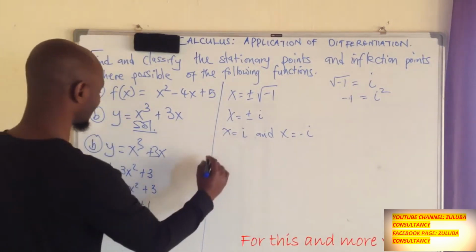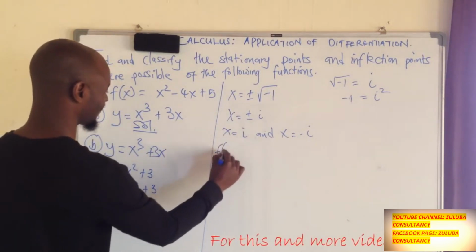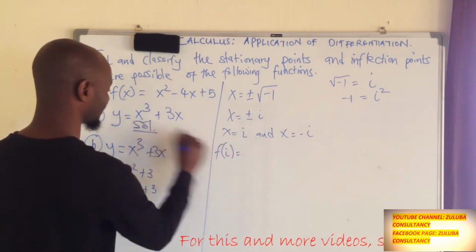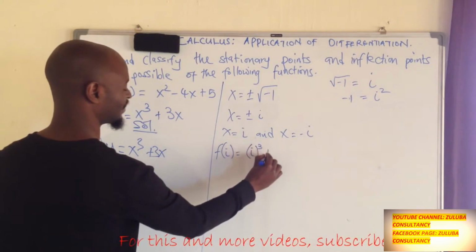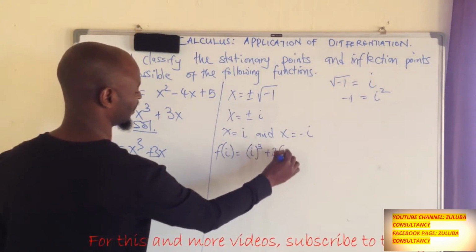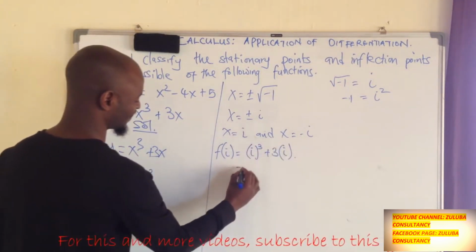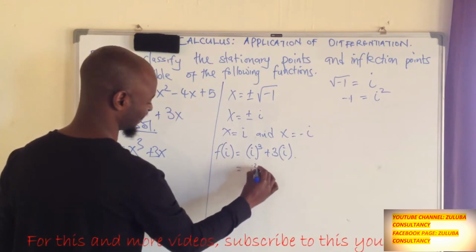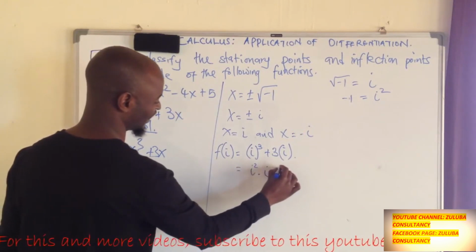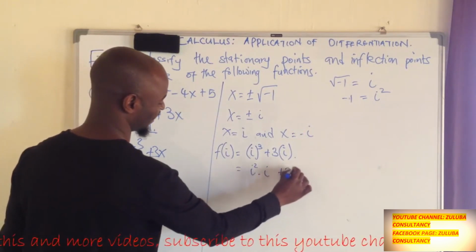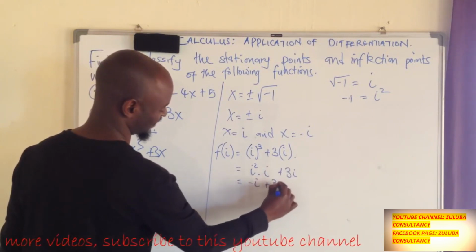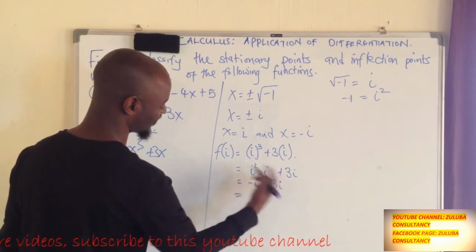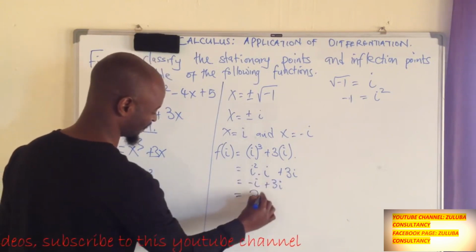So at this point, you can say f of i is equal to i to the power 3 plus 3i. So this will be i squared multiplied by i plus 3i. This is negative, so I'm going to get negative i plus 3i, which will be 2i.